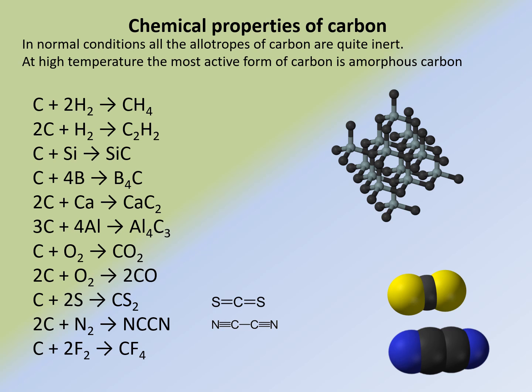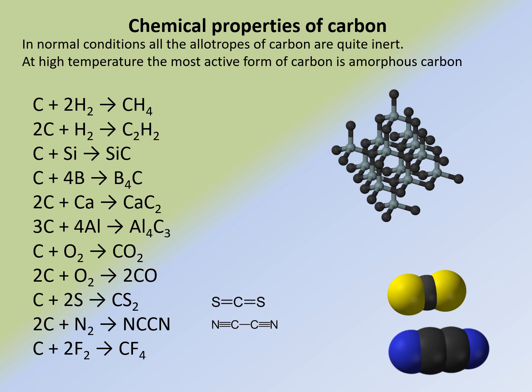With hydrogen it can form a lot of compounds, as you know, yes? With silicon it forms silicon carbide. Boron carbide, yes, or boron carbide, and they have what? Atomic crystal structures. On the right side of the slide, this is the SiC structure.